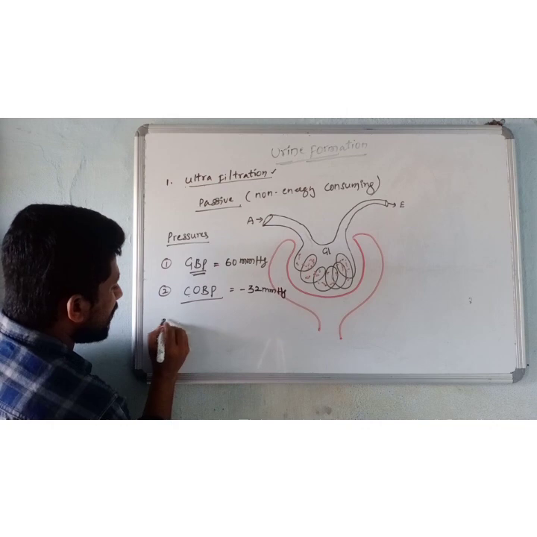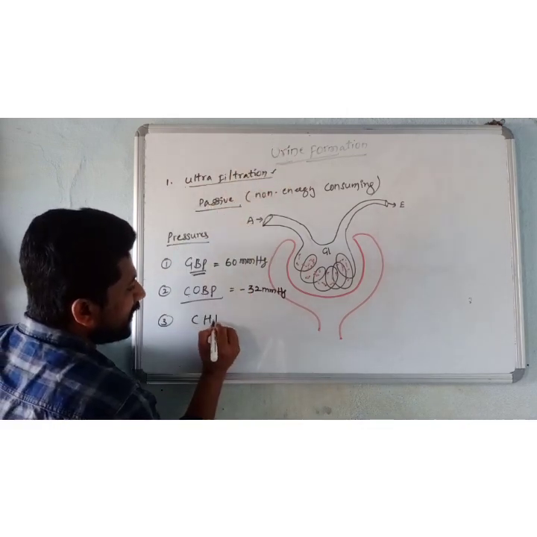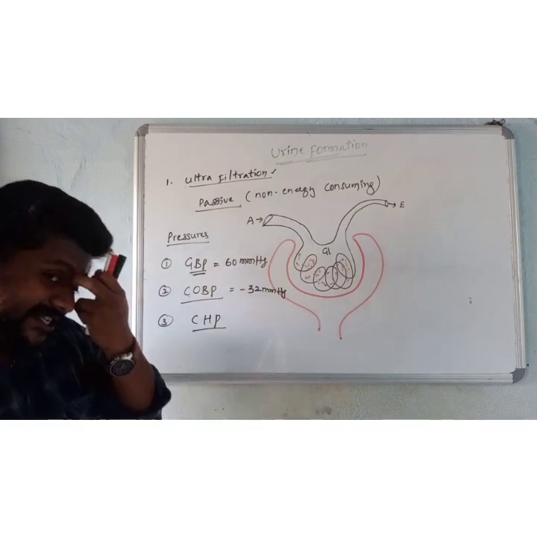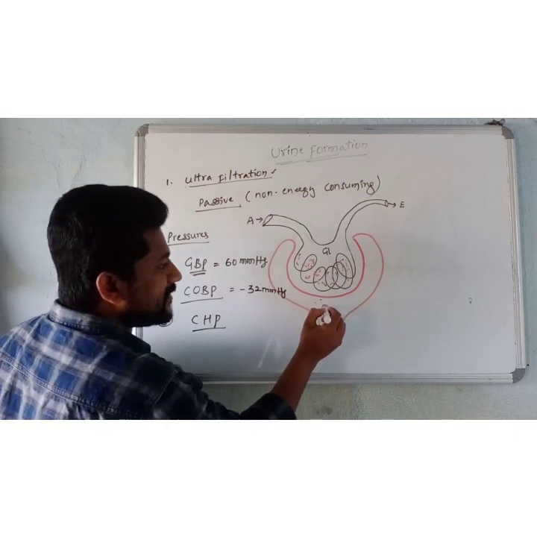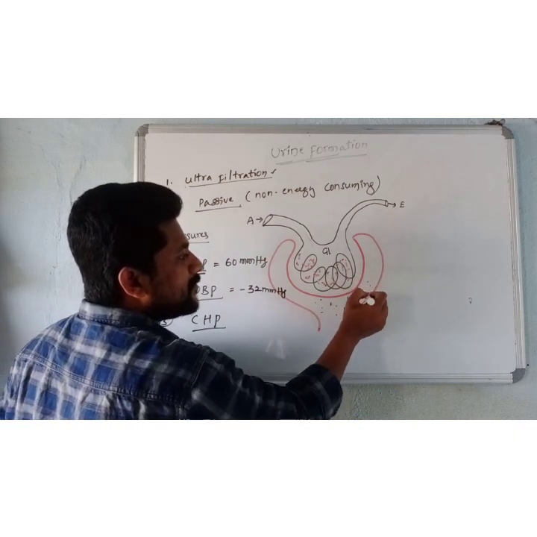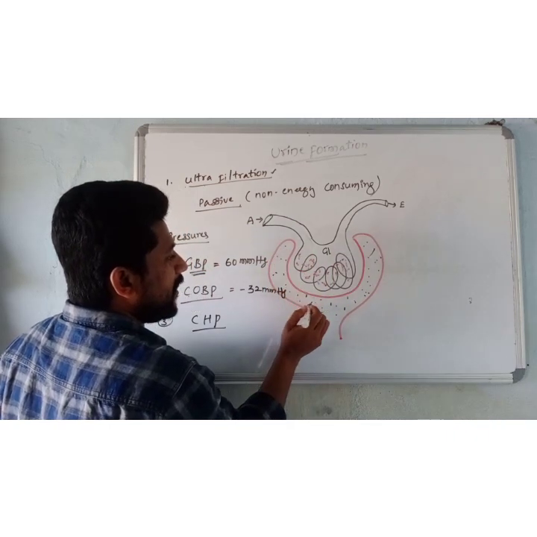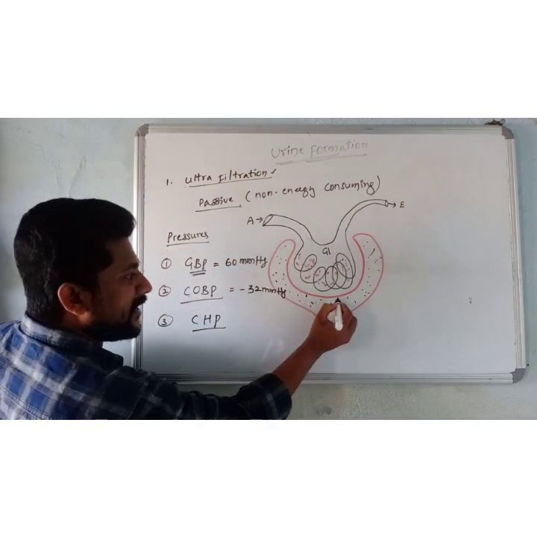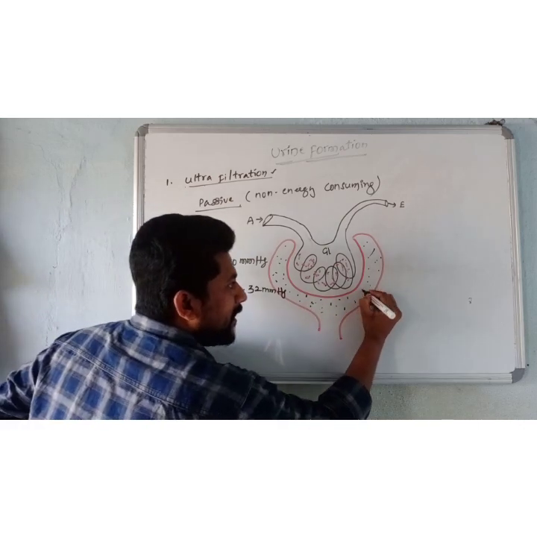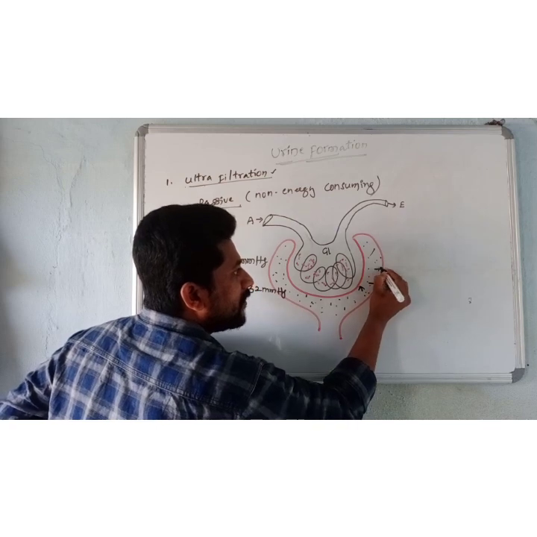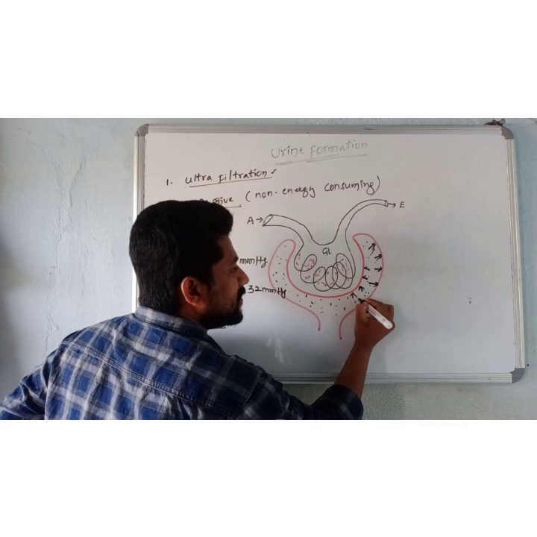And the last pressure is the capsular hydrostatic pressure, CHP. This is the Bowman's capsule. The filtrate is present in the lumen of the Bowman's capsule, and due to the presence of this filtrate, it produces pressure from the two sides.